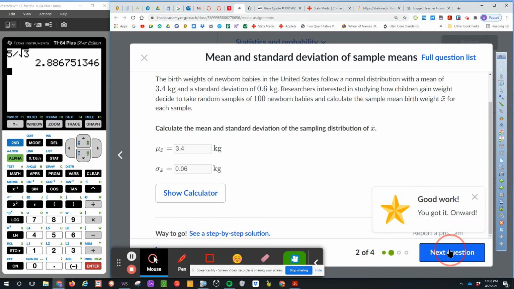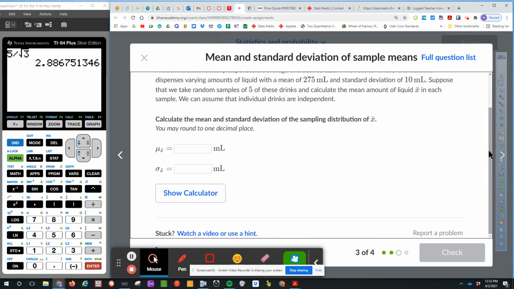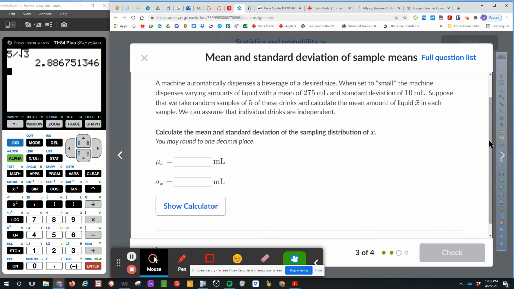Okay, we'll do one more. A machine automatically dispenses a beverage of a desired size. When set to small, the machine dispenses varying amounts of liquid with a mean of 275 milliliters and a standard deviation of 10 milliliters.